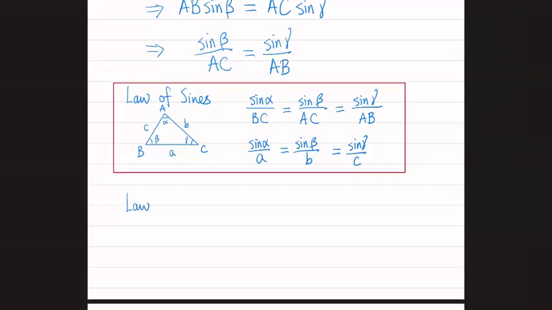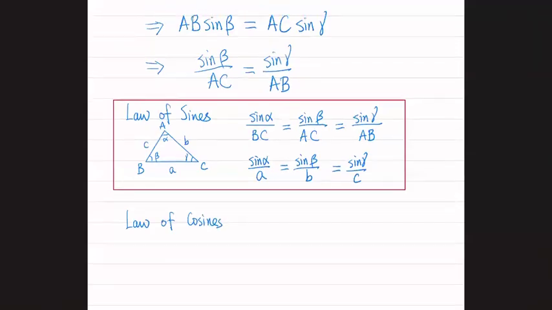We have a question. So sine beta is basically adjacent to AC, right? Facing AC. Yeah, they're on the same side, something like that. You can see this is the opposite side.